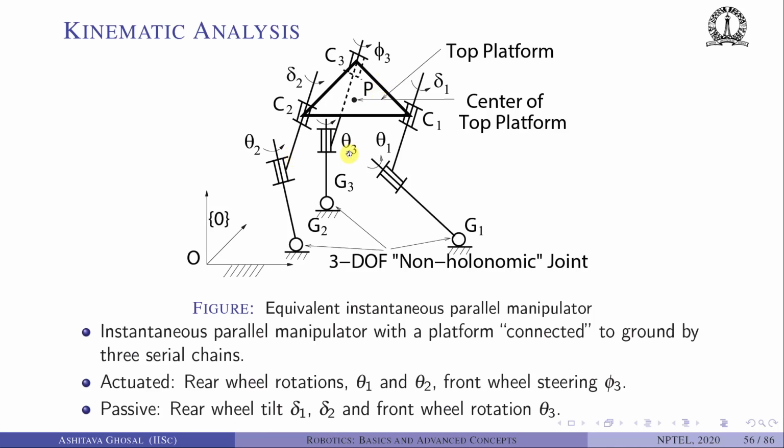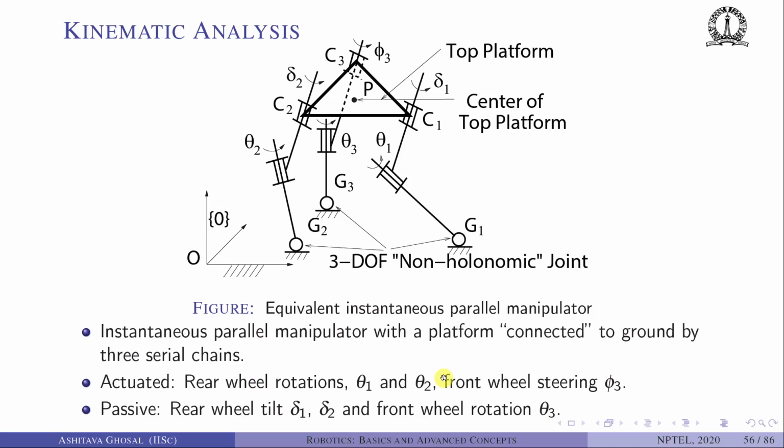So as I said, we are going to look at this wheeled mobile robot as an instantaneous parallel manipulator with the platform connected to the ground by three serial chains. There are three actuated joints, which are theta 1, theta 2, and phi 3. So theta 1 and theta 2 are the two rear wheel rotations.